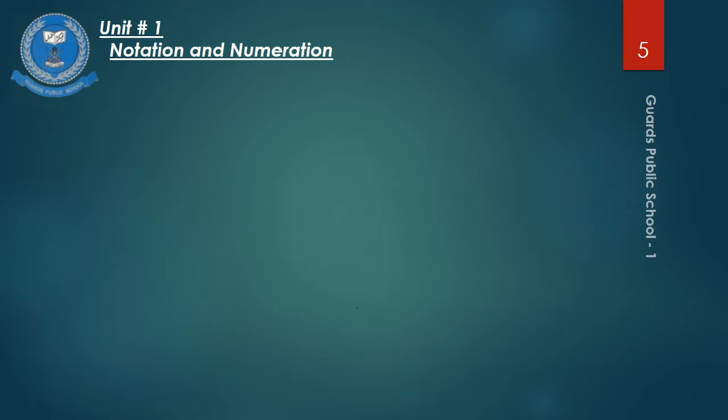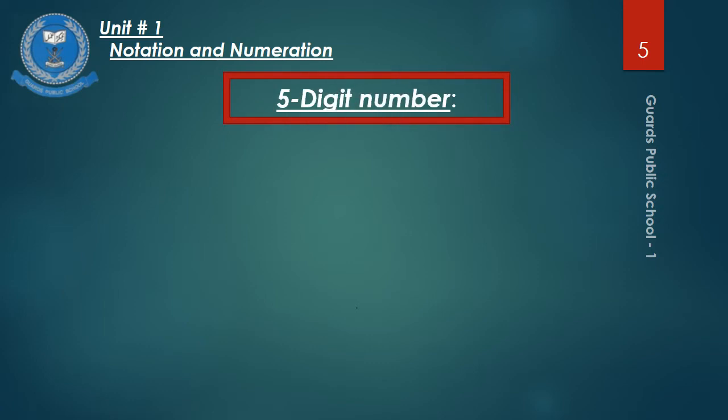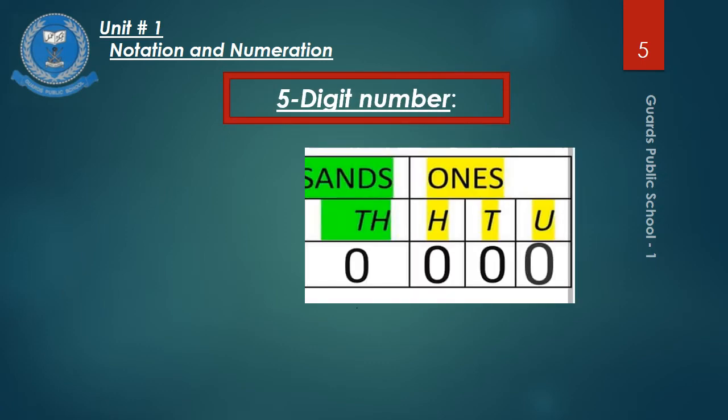Now class, come to the 5-digit numbers. As we have discussed, the 4-digit number comes in 4 columns. If we start to read the numbers from the unit, the smallest one, the second one is tens, then hundreds, and then thousands.